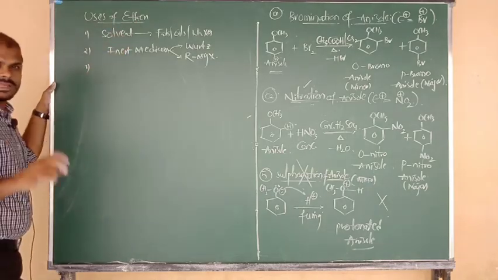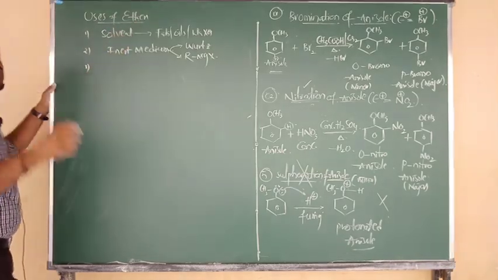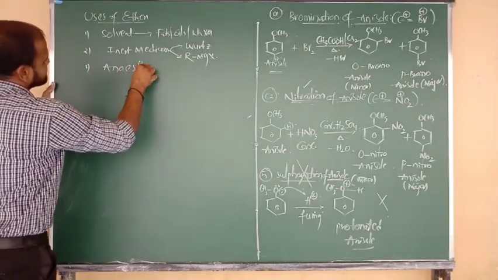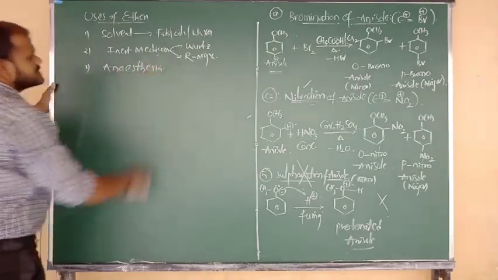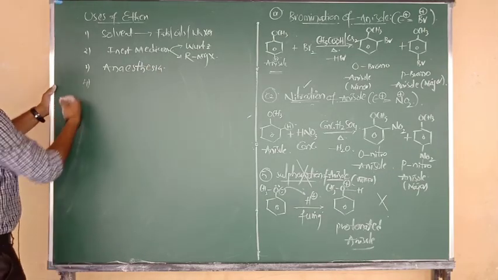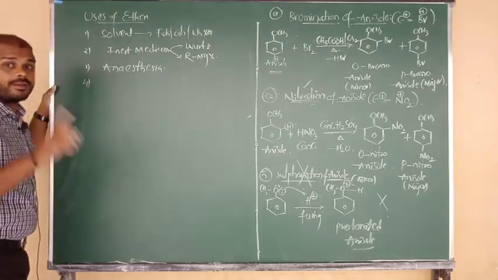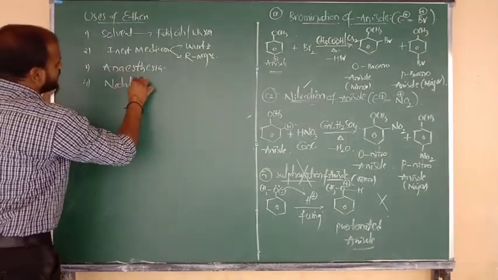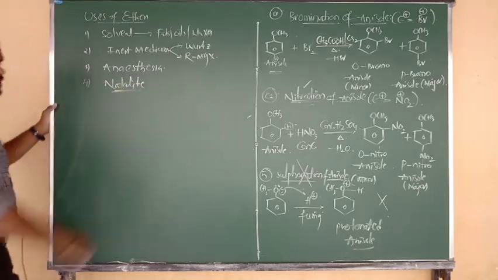Next, diethyl ether, due to its pungent odor, can be used in anesthesia. We can use it as an anesthetic agent in surgery. And also, by using ether we can prepare a very important compound, natalite. Already I have told you in the case of alcohols.